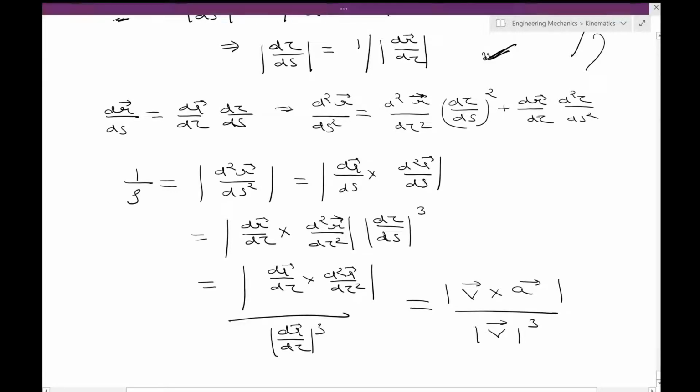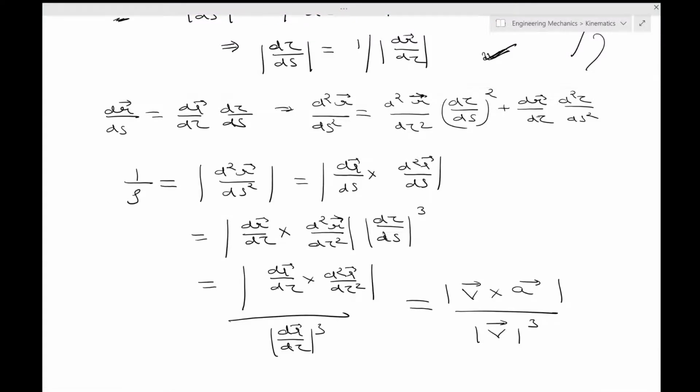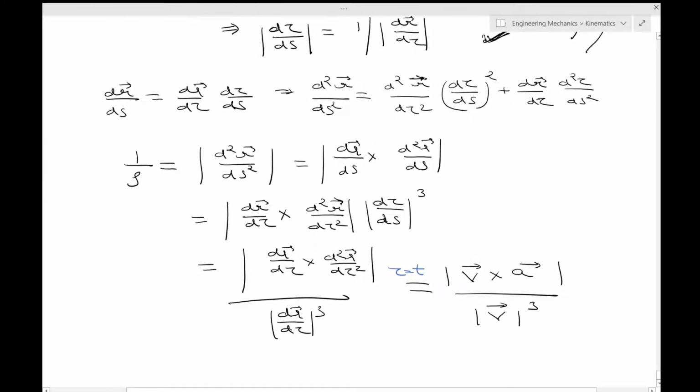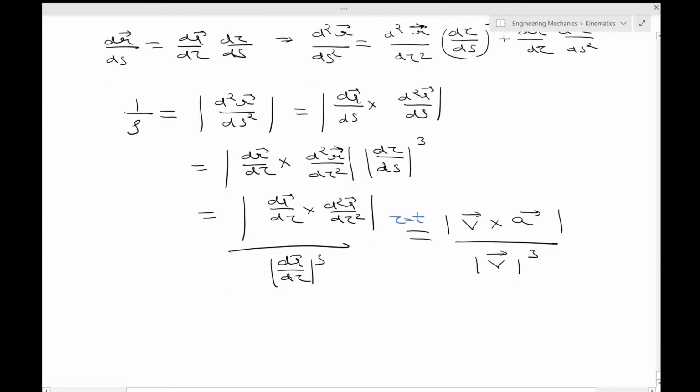I'll just write it like this: when the parameter tau is actually equal to time, then you can write this. Otherwise you can't, otherwise it is still just a parameter. So this implies that rho is equal to this, and this is 1.31.